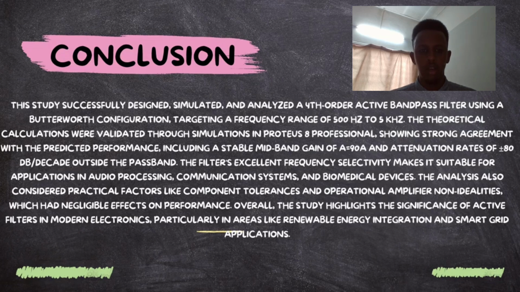The theoretical calculations were validated through simulation in Proteus Professional, showing strong agreement with the predicted performance, including a stable mid-band gain of 90 and attenuation rates of 80 dB per decade outside the passband. The filter's excellent frequency selectivity makes it suitable for applications in audio processing, communication systems, and biomedical devices.